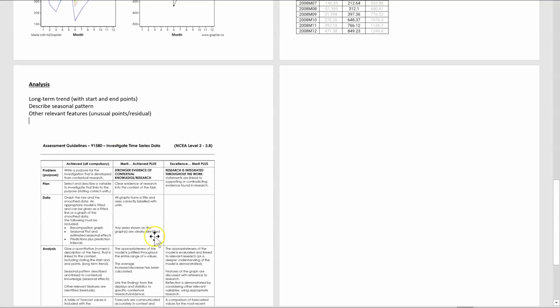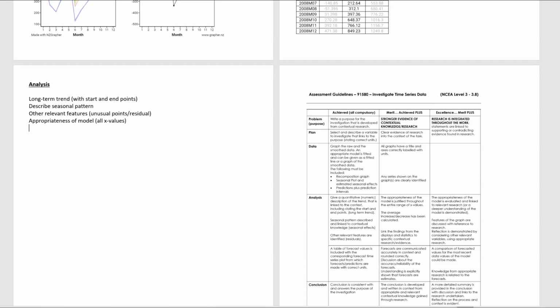Okay, that was the achieved stuff. We now need to look at merit: the appropriateness of the model is justified throughout. I'm going to write all x values, just to remind me of that. So appropriateness of the model, all x values. The next one is the average increase or decrease.